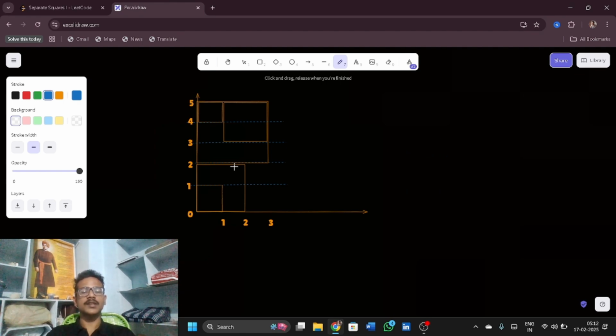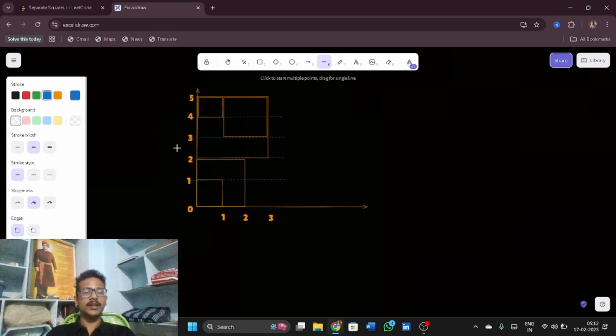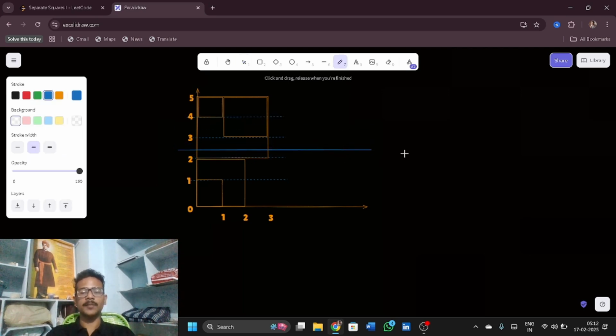Now what is our aim? Our aim is to find the line which divides this into two equal parts, where the area in the upper part is equal to the area in the lower part.